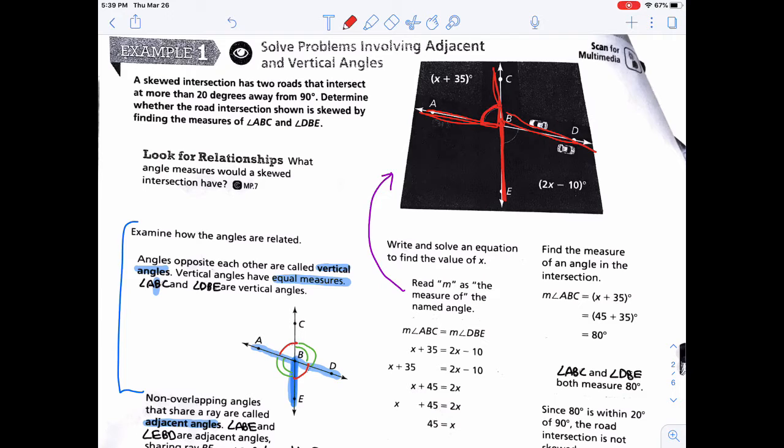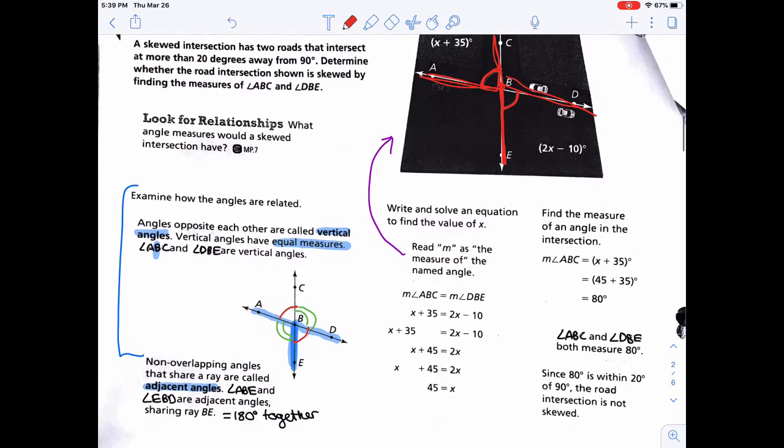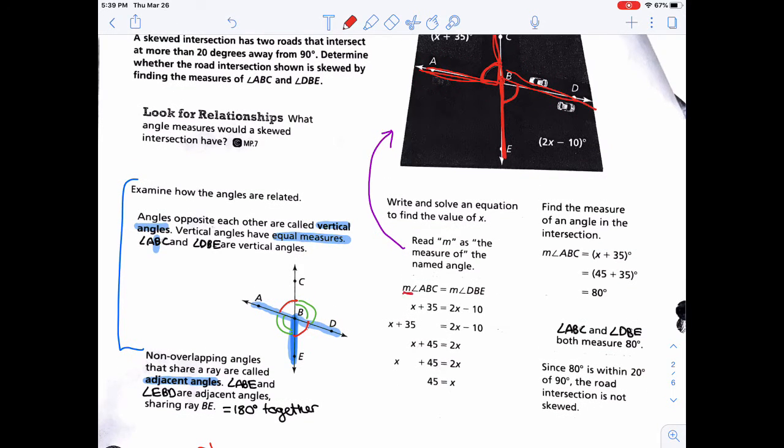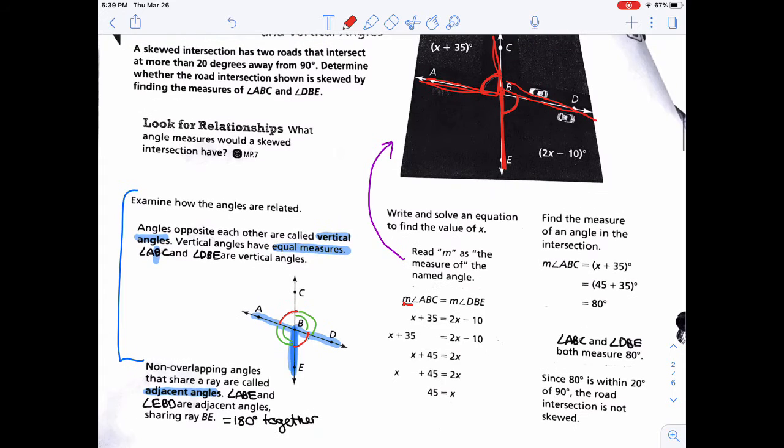If you can faintly see it, we have those two little lines indicating that they are equal. So they are vertical angles. This little M just means the measure of an angle. So we know that the measure of angle ABC and the measure of angle DBE are equal.